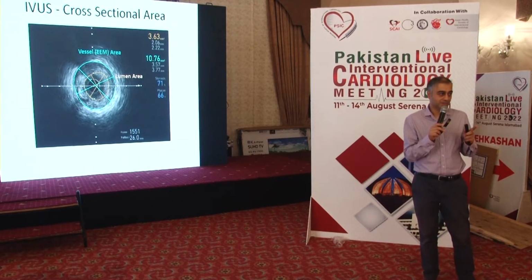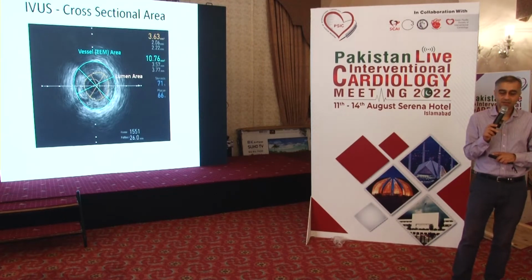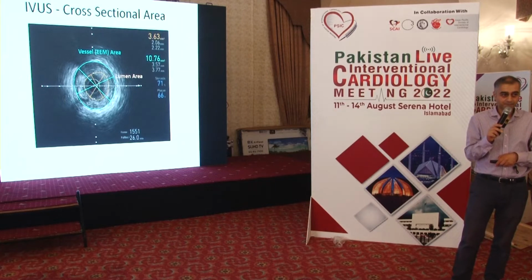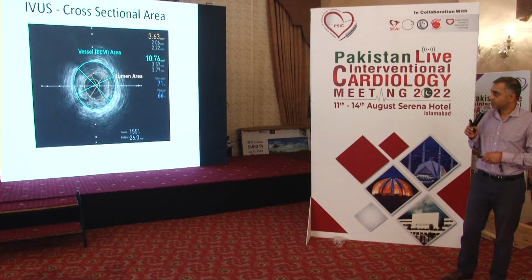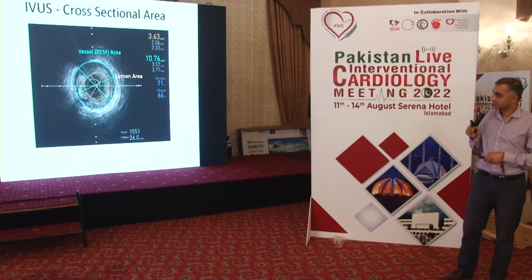Okay, so that's your basic measurements. The other measurement that's important, and this can be automated on the devices, is the cross-sectional area. Okay, so once you've got your lesion, which is present, you mark out your EEM, which is the blue line here. Okay, so that's where you see the dark band. You mark it out as the EEM, and that will give you an area shown here in the blue. Yeah, that corresponds to that.